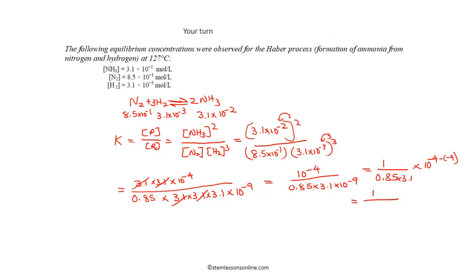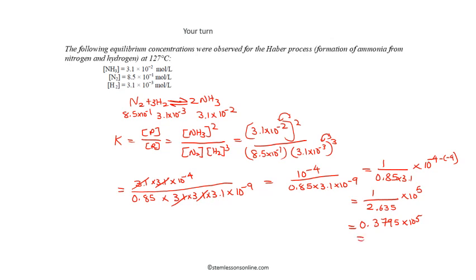1 divided by 0.85 times 3.1, I'm getting 1 divided by 2.635 times 10 to the power 5, because negative 4 plus 9. That equals 1 divided by 2.635, that will be 0.3795 times 10 to the power 5.